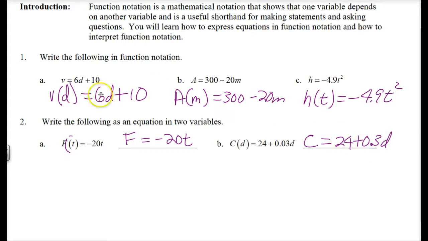In all cases, the right-hand side is exactly the same. It's only the left-hand side that changes from a straight variable to h of the variable, the independent variable, which is m, and this is the variable that depends on that. So height as a function of time, let's say. As a function of d.